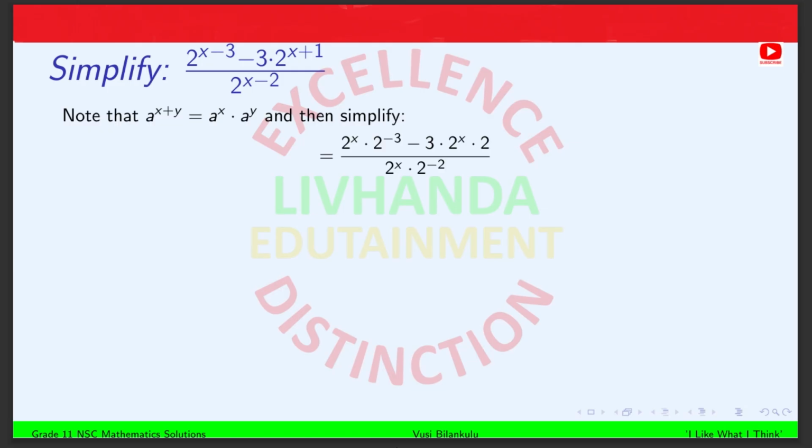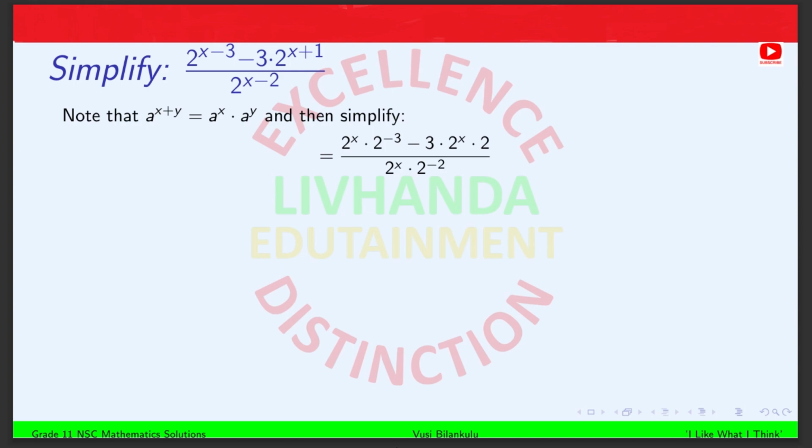To simplify the expression of a fraction with numerator given by 2^(x-3) minus 3 times 2^(x+1), and denominator given by 2^(x-2).